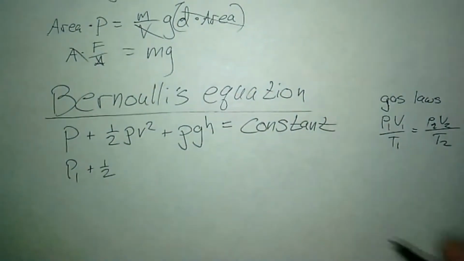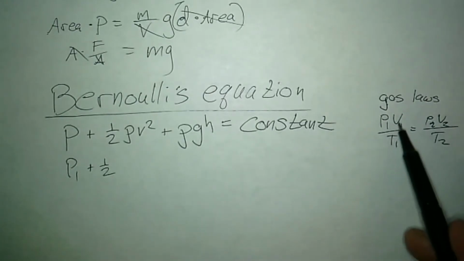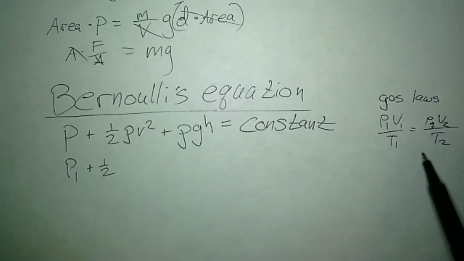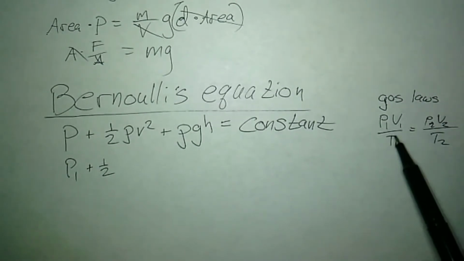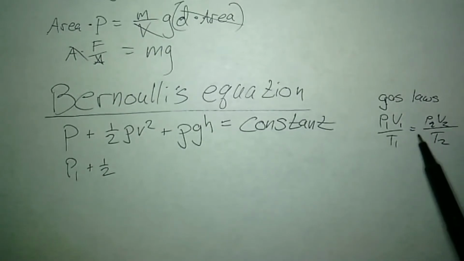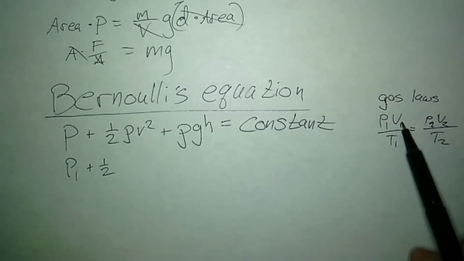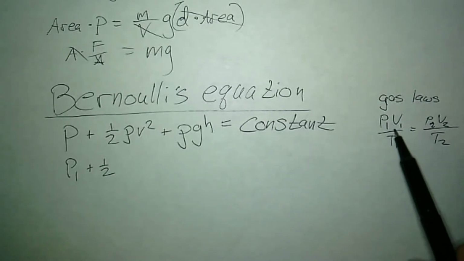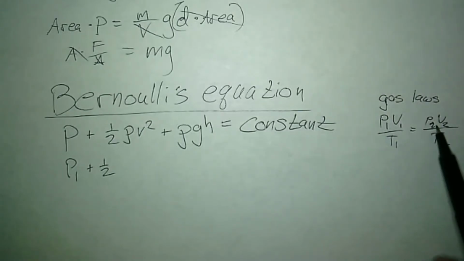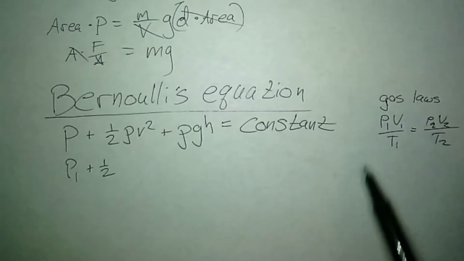It's the same idea, because the reason we do that is we say this term is equal to a constant. So instead of just saying it's equal to some number, it means if I change volume, something else changed to keep that other term constant, right? So if I increase my volume, then maybe my pressure goes down, right? So that means that I can figure out pressure 1, pressure 2, and volume 2 based on that.